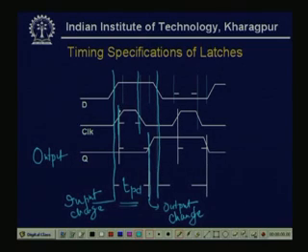Now, when the clock changes, this is the time the clock changes and this is the time the output changes.